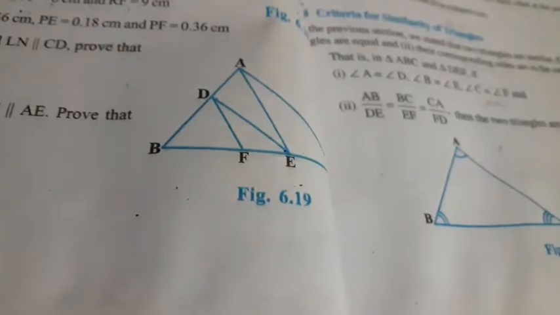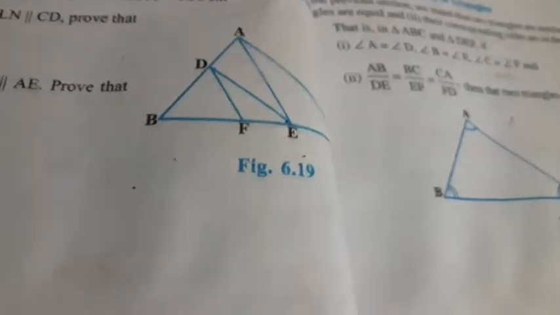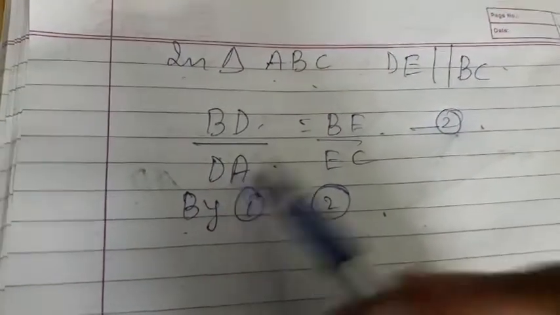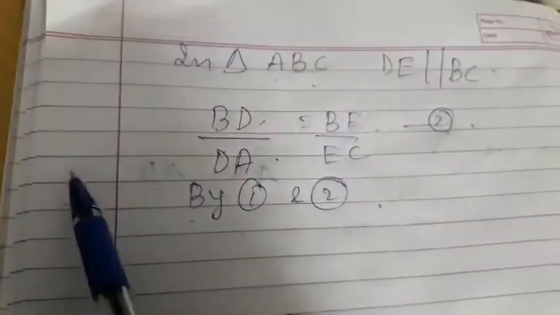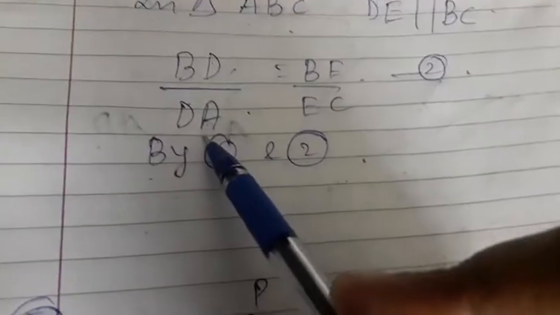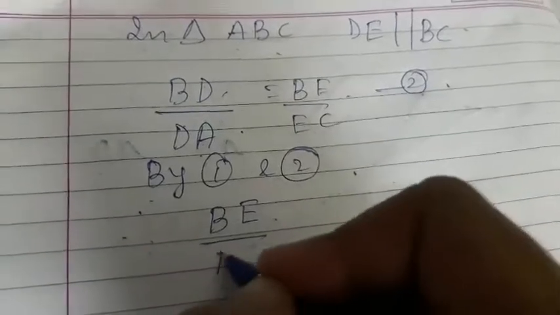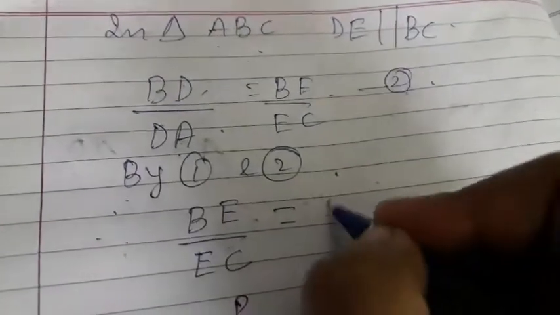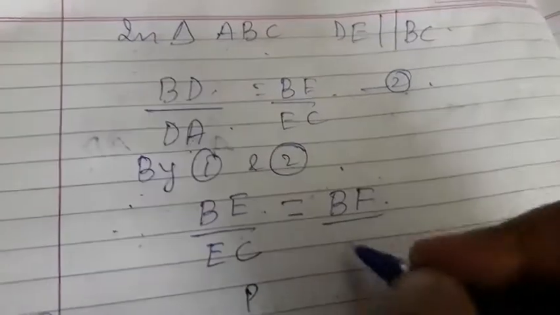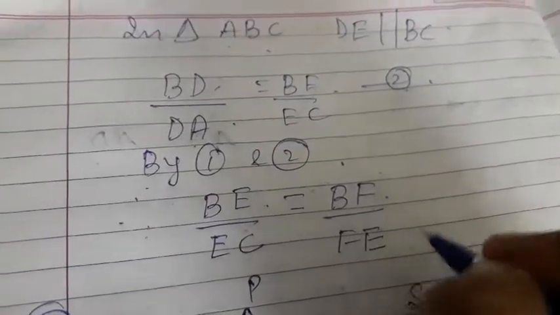So therefore by 1 and 2, since BD upon DA is equal to BE upon EC, and in the previous equation also BD upon DA is equal to BF upon FE, therefore we write BE upon EC is equal to BF upon FE.